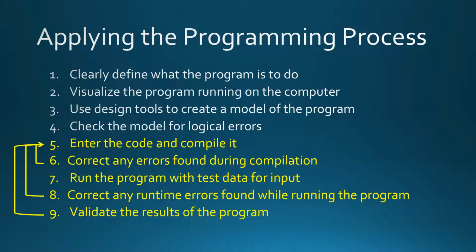So we have to enter more code to correct that or revise the code that we've already written. And then once we do get the program to terminate normally and generate all the output we expect, we want to validate that output. So we really have 5 through 9 as a large iterative process between entering the code and executing it and validating our results.